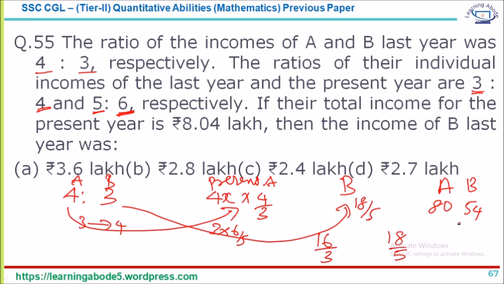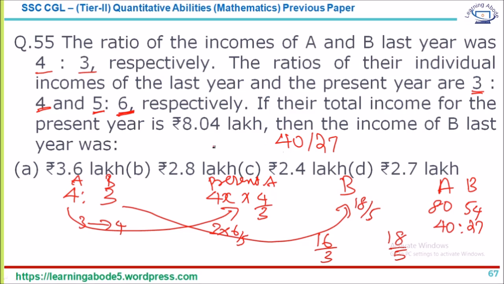So that is the present worth of A and B, that is 80 and 54. Or you can say 40 and 27. Now the present ratio is 40 to 27, right?